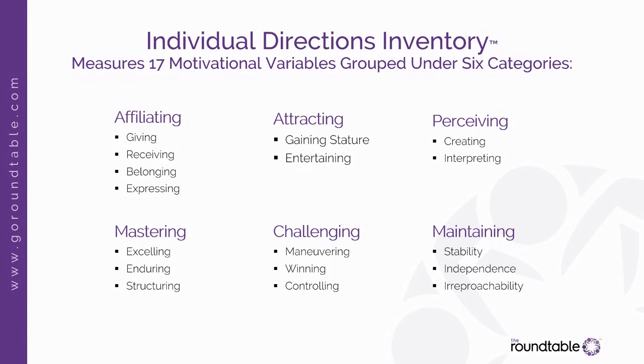But I can certainly see that in her when she goes to that side of the 1, that irreproachability comes out. And for her, because she's very high on the affiliating energies, it's a lot to do with when people have let her down. So if you promise to do something and you don't do it, it's a really big thing for her. She's very unforgiving.